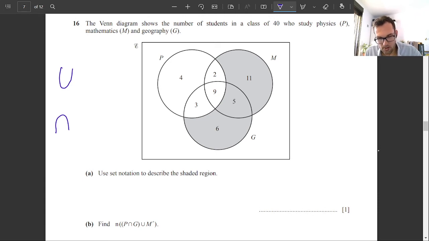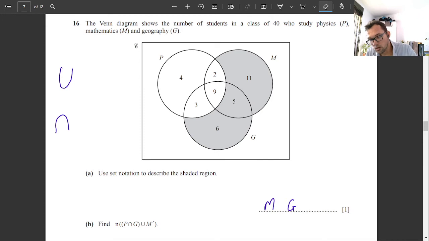Let's start here. First of all, let's look at it. We got here a shaded area which is inside M. So we're going to write down M because we got stuff in M. Then we got G. So we're going to write down G because we got stuff in G. Our next step will be to decide which sign we put.